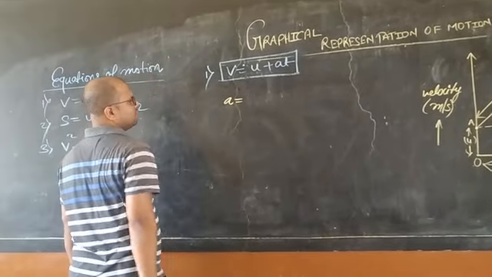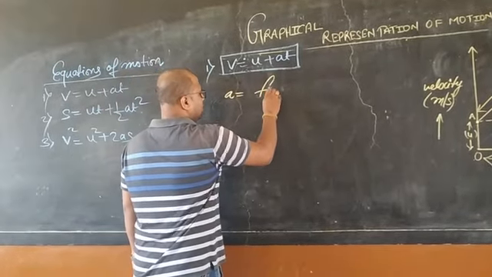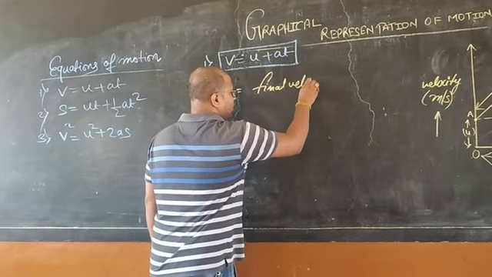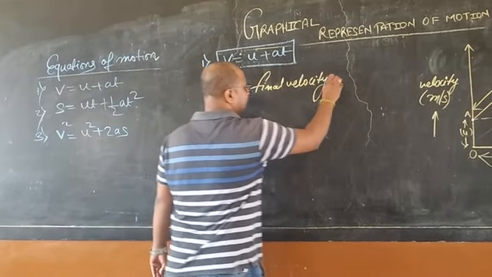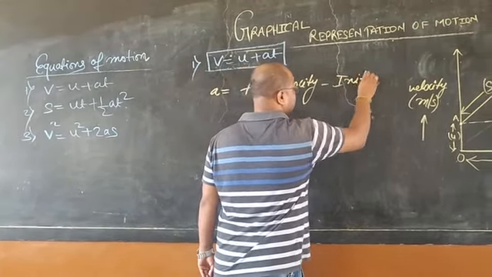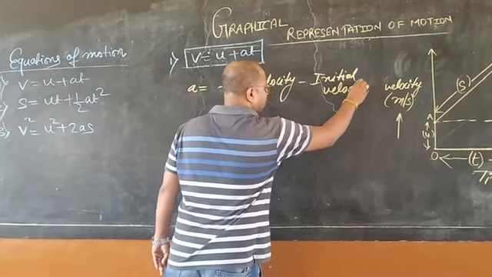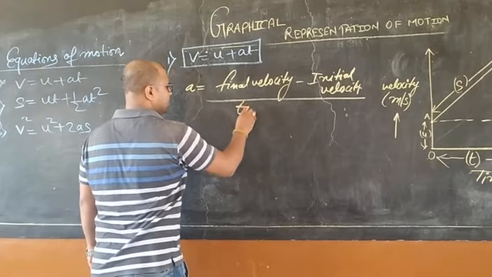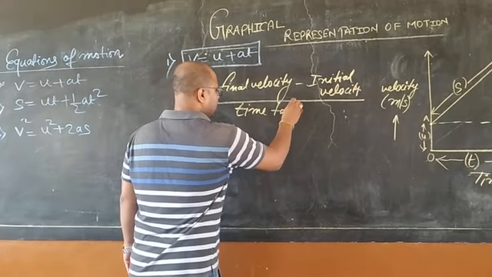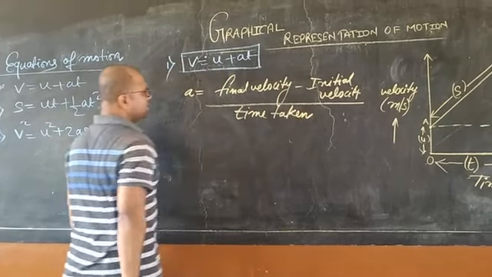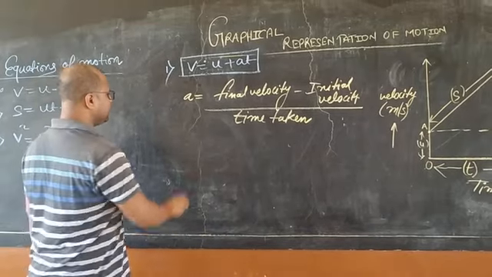Acceleration we know. What is acceleration? Final velocity minus initial velocity by time taken. Yes, students? A very common thing which we did in the acceleration part in the previous videos.